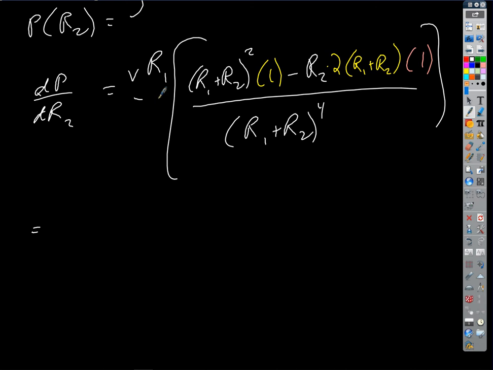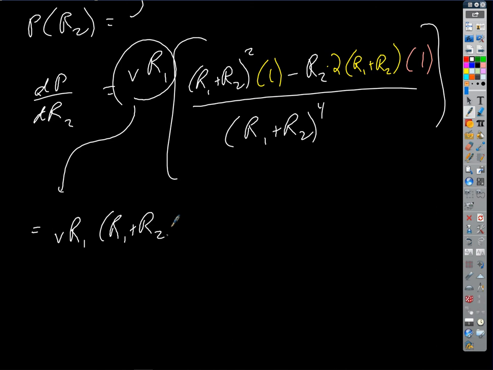So we've already got this constant out front, V R1. We're going to undistribute an R1 plus R2. And what's left behind when we do that on the top? One. I took one of those away, so I've got one of them left, R2, right? Minus R2.